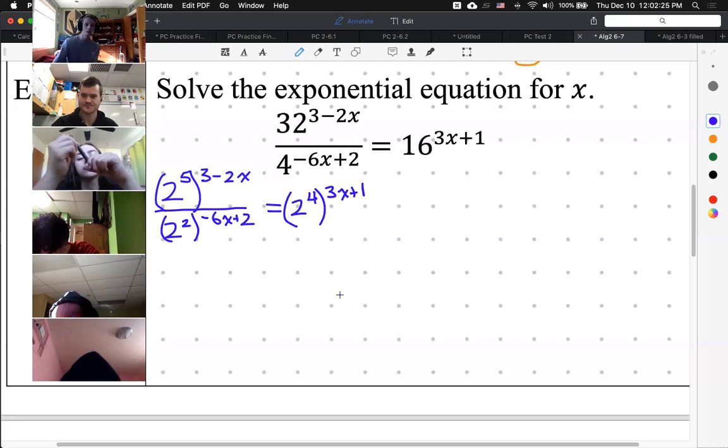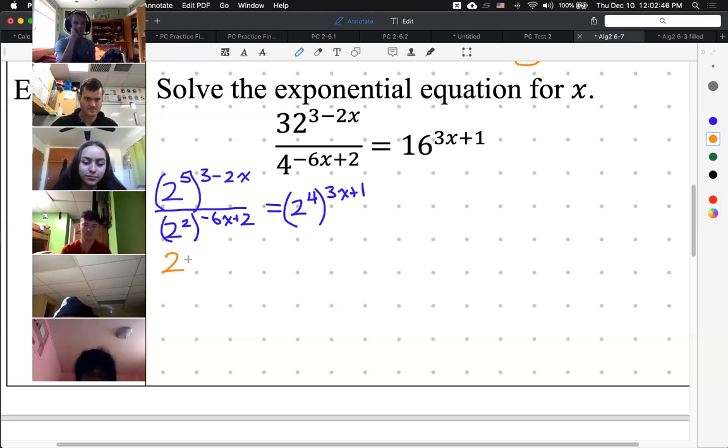Now what are we doing next? Jose? So we're going to multiply the, perfect, this is the 5, so it'd be 15 minus 10x.